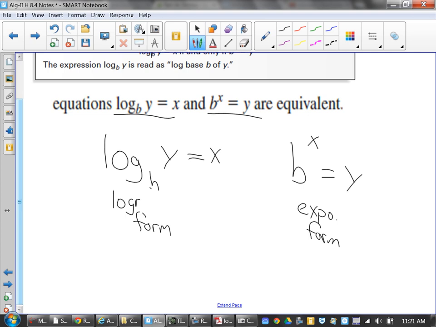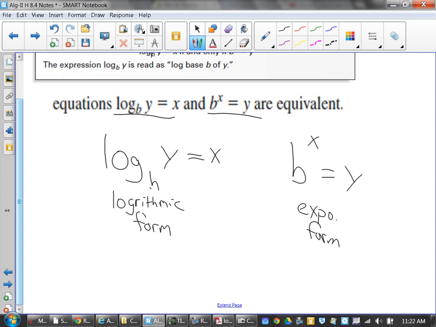Is it rhythmic? There's no y. Oh yeah, there it is. Logarithmic, like arithmetic. This is why spelling doesn't really count.